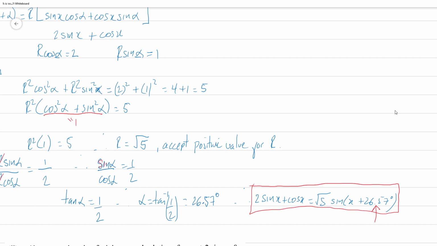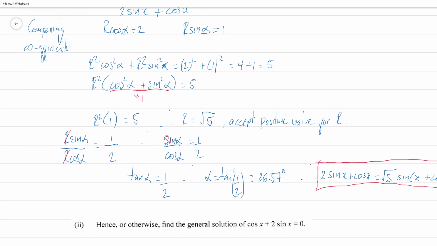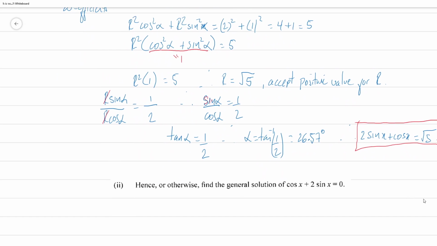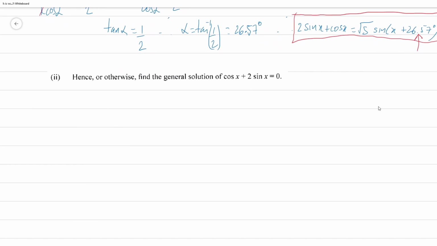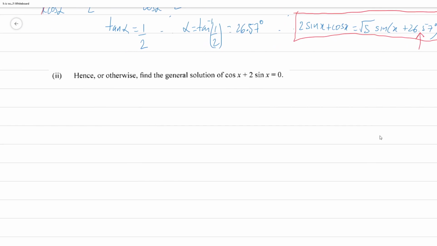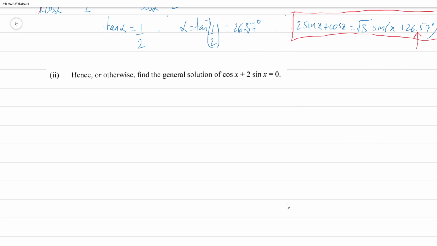Let's see. Let's continue. So that was part B, part 1. So part 2 says, hence or otherwise find the general solution for cos x plus 2 sine x. I think this part is worth 3 marks.